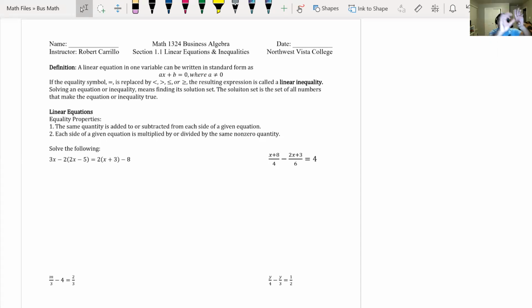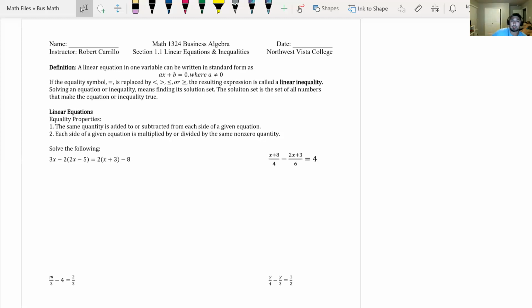So basically, you're moving it from one side of the equation to the other, left to right or right to left. Similarly, each side of a given equation is multiplied or divided by the same non-zero quantity. Essentially, what you do to one side, you must do to the other. That's all these properties are stating.